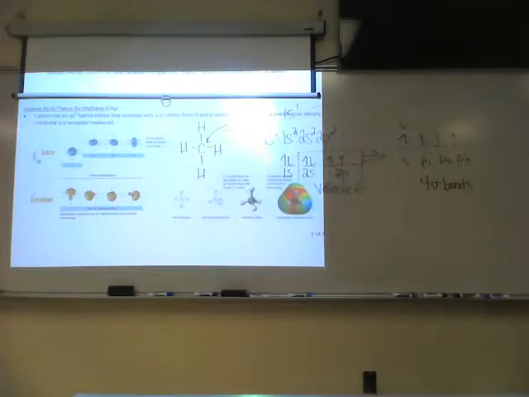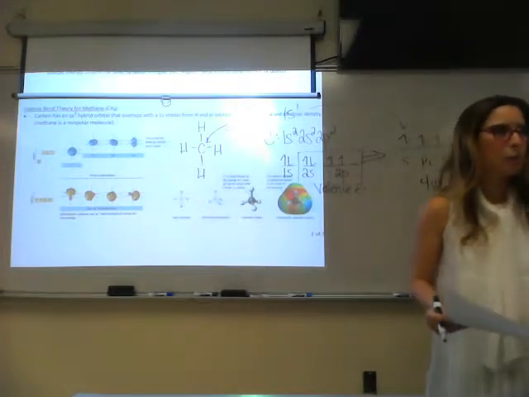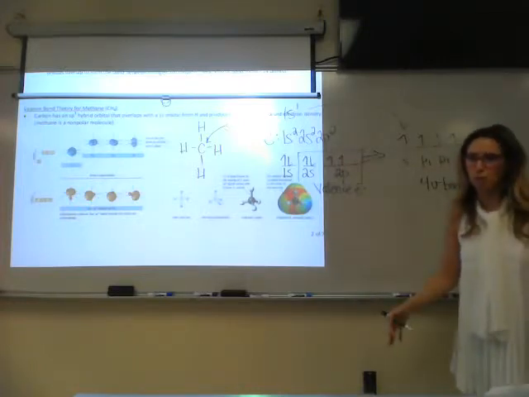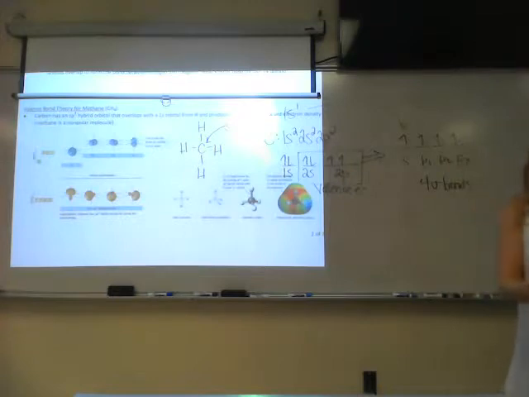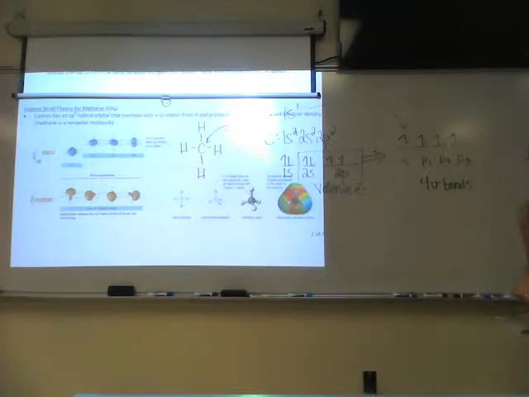You can read this in words in a textbook, but to be honest, until you have the visual, the words don't really mean much. So each 1s from hydrogen overlaps with 4 sp3 hybrid orbitals to make 4 sigma bonds. Just so you know, each one of these orbitals is an sp3 hybrid orbital.